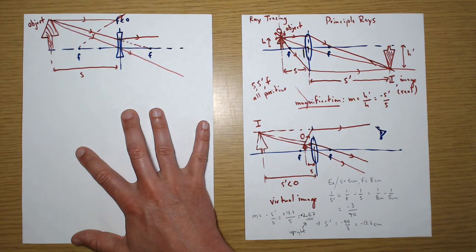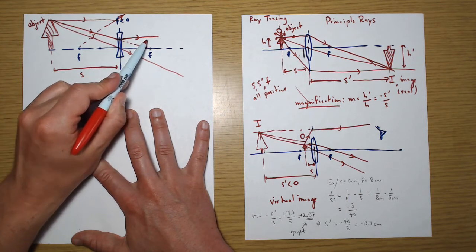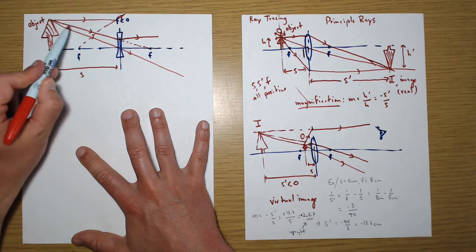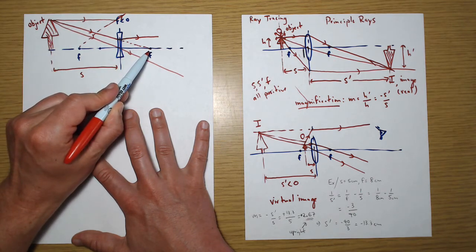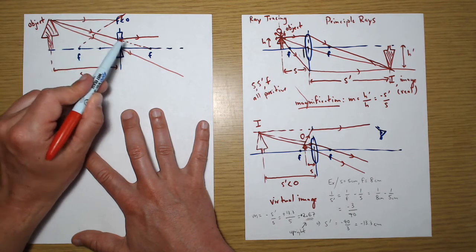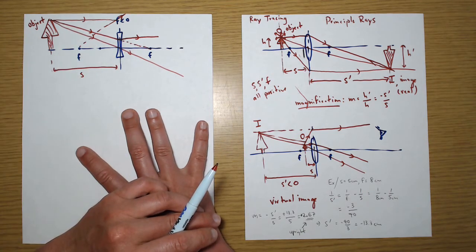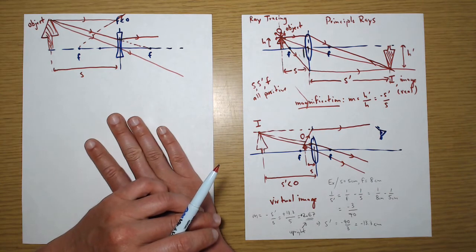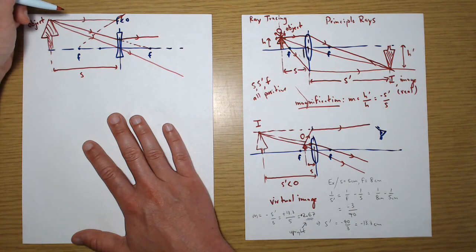Now imagine I just reverse the direction of these arrows. What you would find is the light comes like this and diverges on a line that goes to the focal point. So this is one of our principal rays. It's just the arrows are going the opposite direction, but rays can travel in both directions. They're omnidirectional. Okay, now let's extend these rays backwards in space.